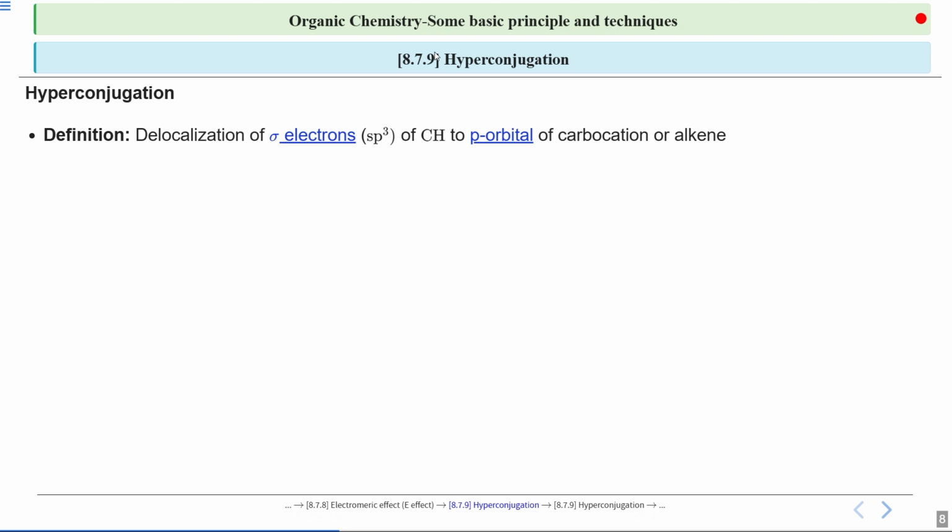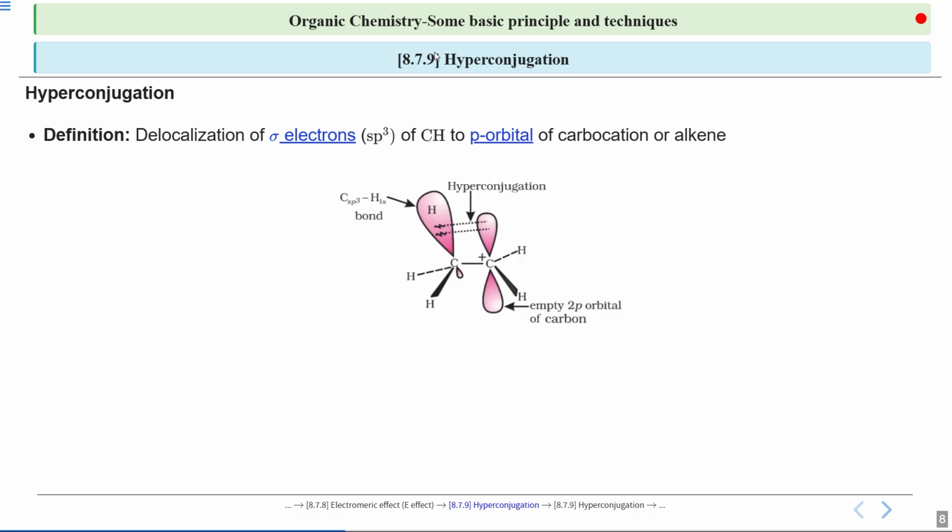And the difference between hyperconjugation and resonance is what? In hyperconjugation, the sigma electron is shifting, and in resonance, the pi electron is shifting. Now here, the sigma electrons of carbon are moving on to the p orbital of a carbocation or alkene. So this is the example of that.